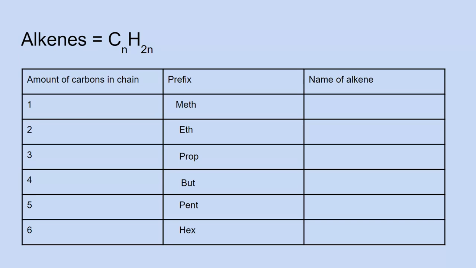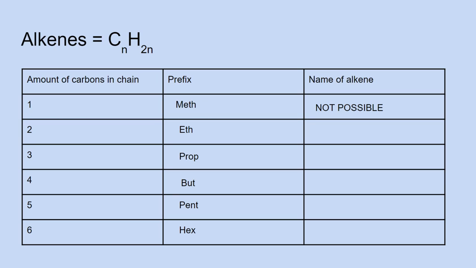Okay, now see if you can name the alkenes. Now, methene is not possible. Do you know why? Alkenes need a double bond, which means that they need 2 carbons to start with. So there can't be an alkene with only 1 carbon, which is why methene doesn't exist.